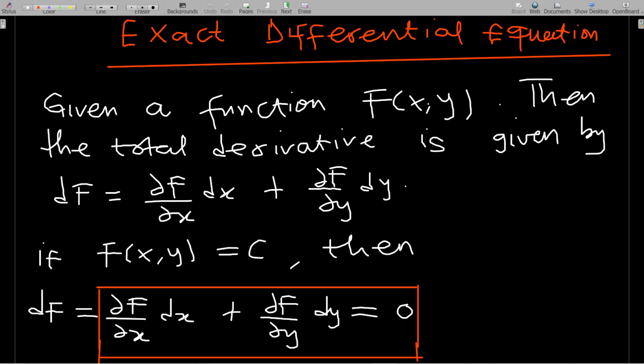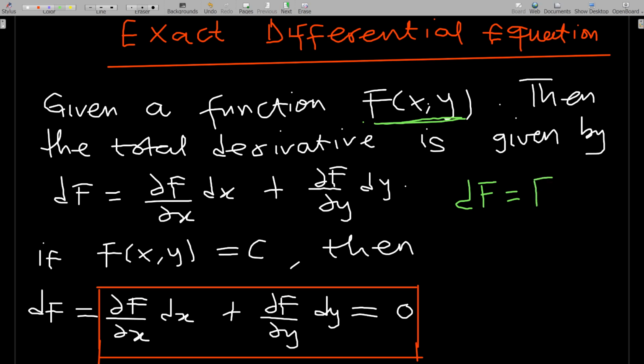So let's start with a simple argument here and see where the exactness of a differential equation comes from. Given a function f of x, y, which is a function of two variables, we know from partial derivatives that the total derivative df is equal to differentiating f with respect to x times dx.